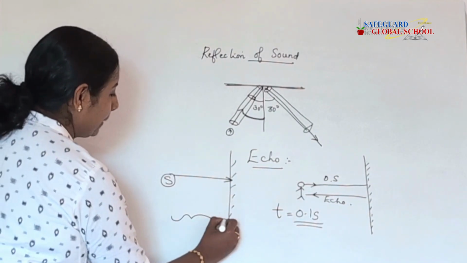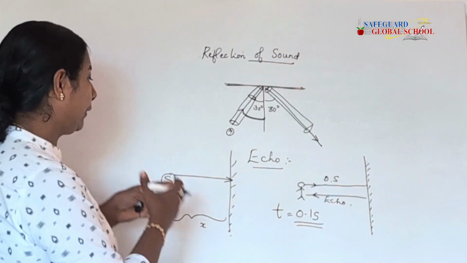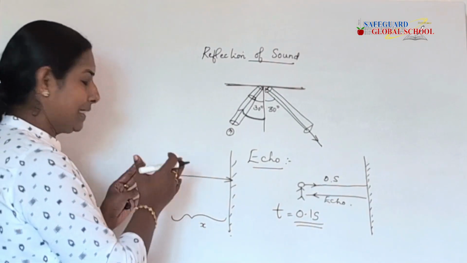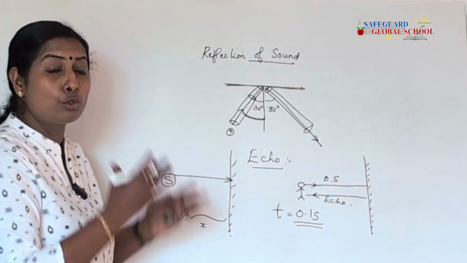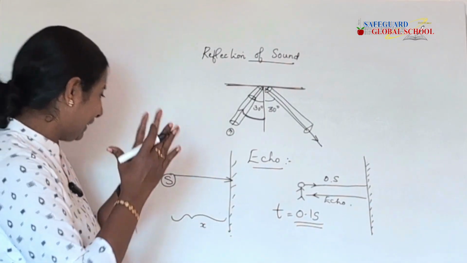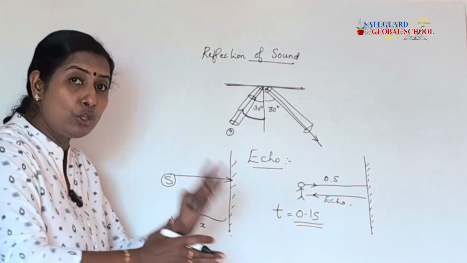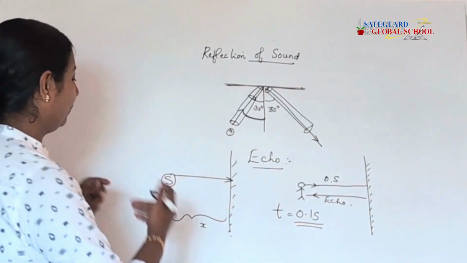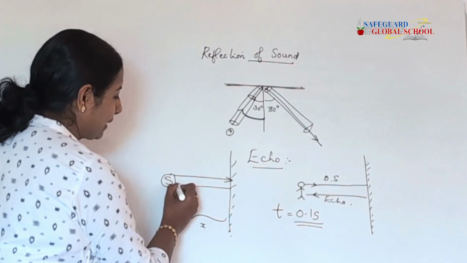Let this distance be x. This is the distance that we have to find out in this particular case, that is the minimum distance between the source and the reflecting surface to clearly hear an echo, and clearly we have to distinguish between the echo and the sound. Let the sound travel like this and get reflected back.